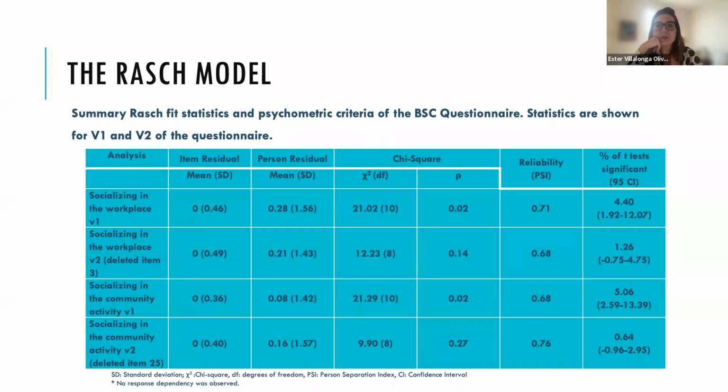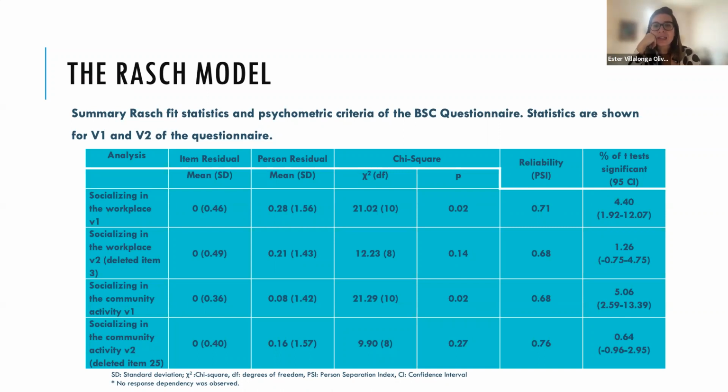Basically, with Rasch, if an item doesn't fit the Rasch model, you have to think about what to do. You can change it. You can delete it. You have to do something because the Rasch model is pretty strict. If there is something that's not working well, an item maybe is adding some noise or it's not evaluating what it is supposed to evaluate.